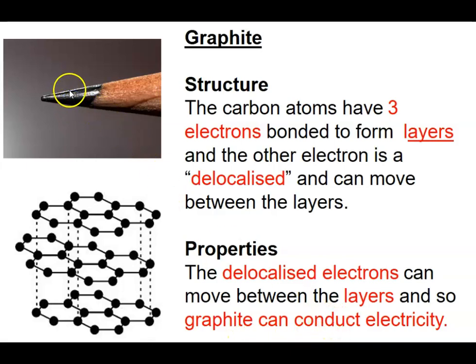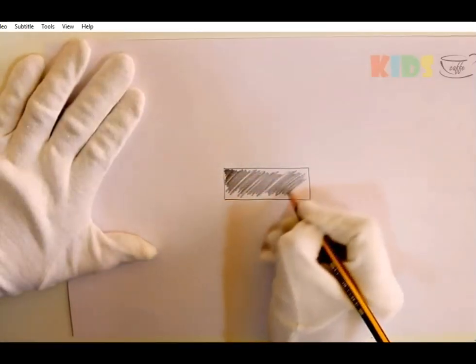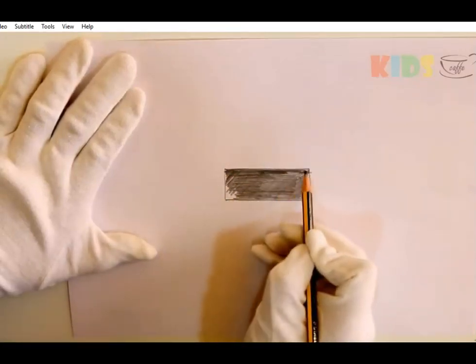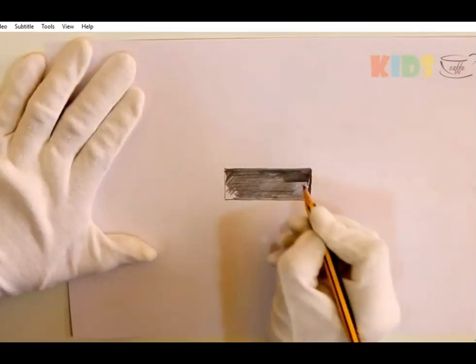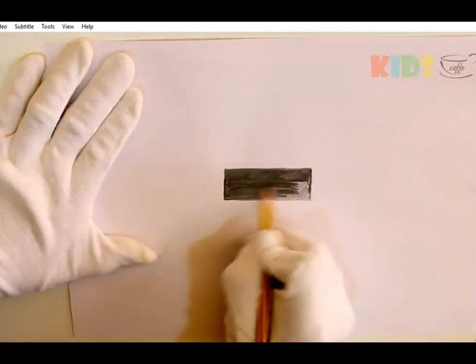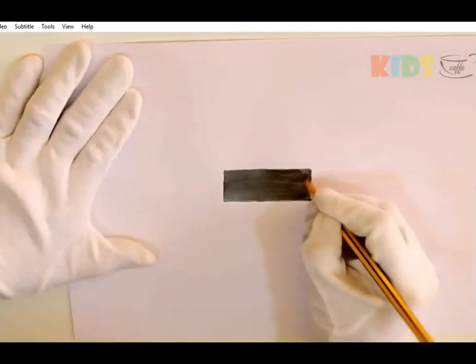So if you put an electrode on one end of the pencil and an electrode on the other end, it would conduct electricity. Graphite is what's in your pencil, made of layers of those rings of carbon. The reason you can put pencil on a piece of paper is that when you're rubbing it on the paper, the layers come off onto the paper.